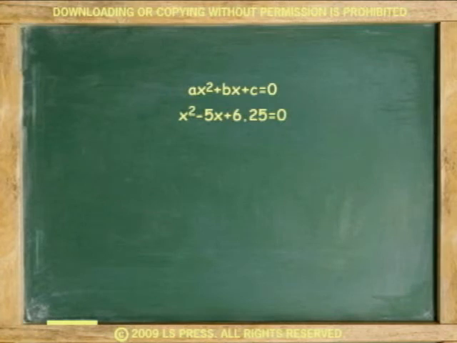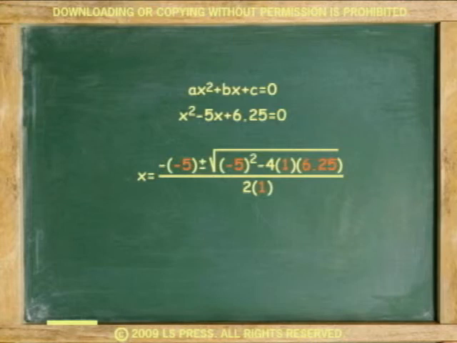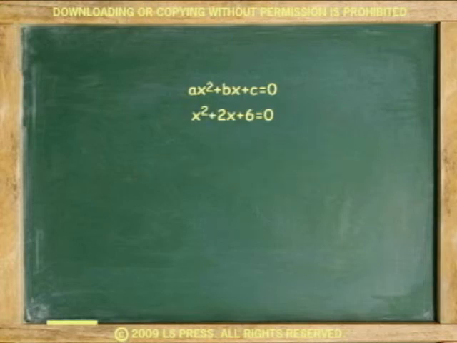This is an example for one double equal root. A equals 1. B equals negative 5. C equals 6.25. Substituting the values in the quadratic formula and using the same calculator, x equals 2.5. This is an example without roots.